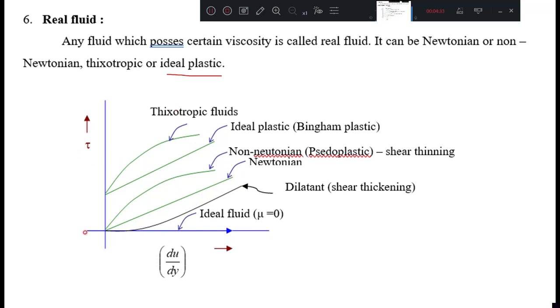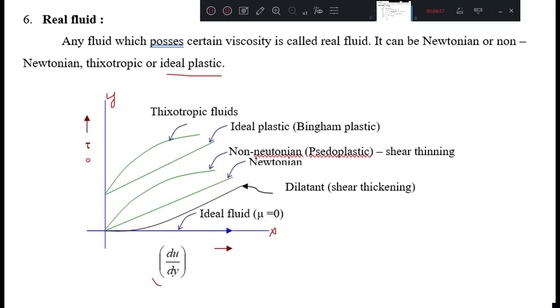So this is the graph we can get for all types of fluids. Taking this x-axis and this y-axis, where the stress is 0 for all values of the velocity gradient, those fluids are called ideal fluids. If the stress is proportional to the shear strain rate, those fluids are called Newtonian fluids.